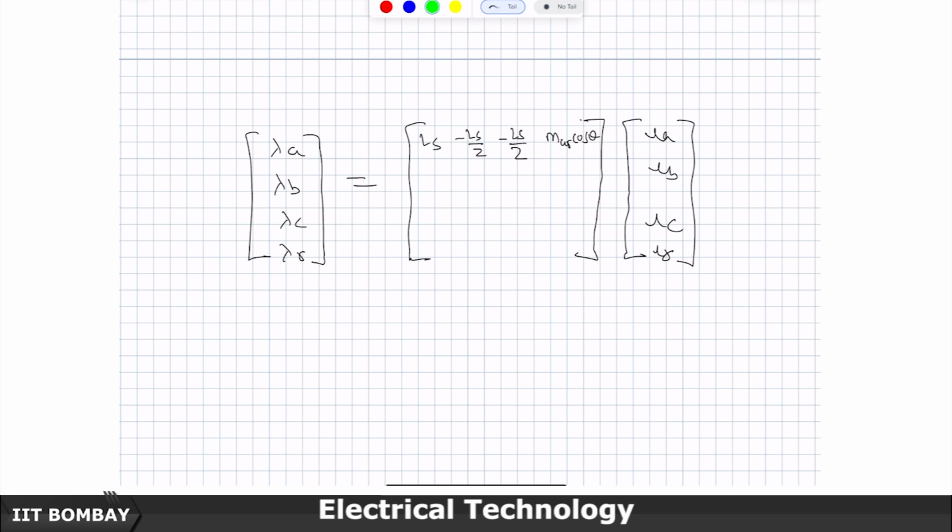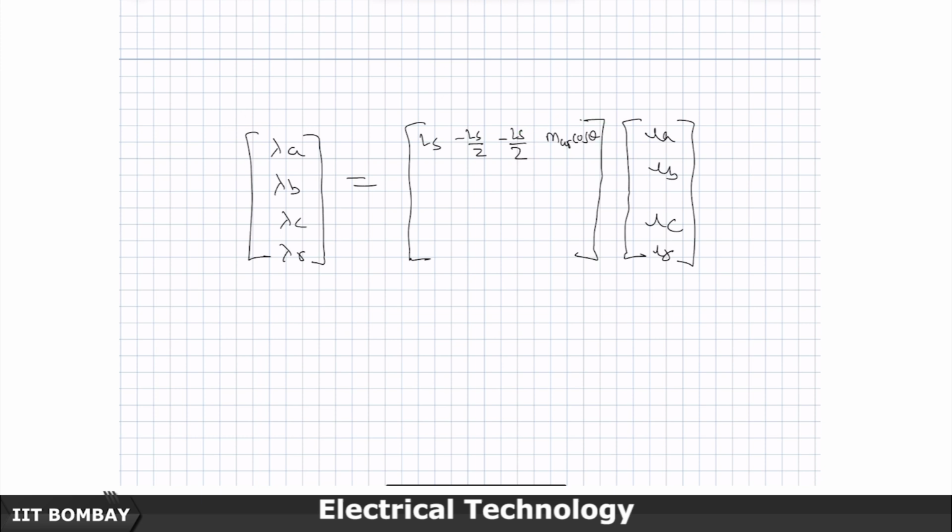So, I cannot use the same Ls and minus Ls by 2. I have to use another constant here called MAR, which is the maximum mutual coupling that can happen between A phase and the rotor, when the rotor axis exactly aligns with the stator axis. But when the rotor moves by an angle theta, from our previous work we know that this mutual inductance can be considered sinusoidally distributed.